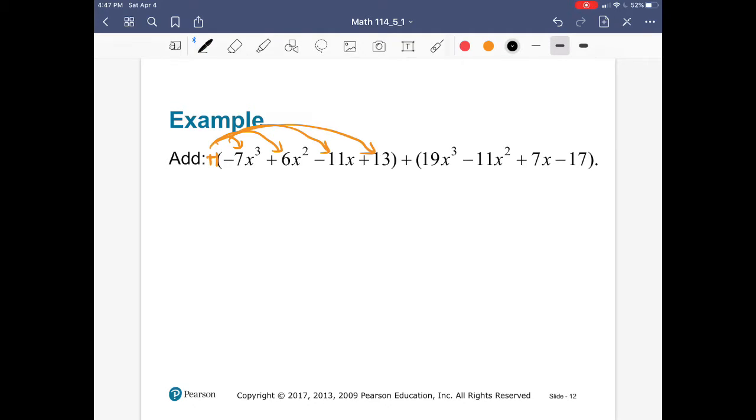A positive times a negative gives me negative 1 times 7, negative 7x cubed plus 6x squared, because a positive times a positive is positive, and a positive times a negative is a negative 11x. Positive times a positive is positive 13. Now, I'm also going to distribute this.